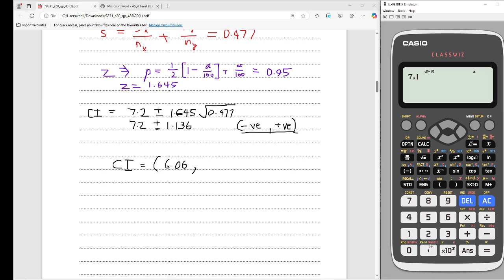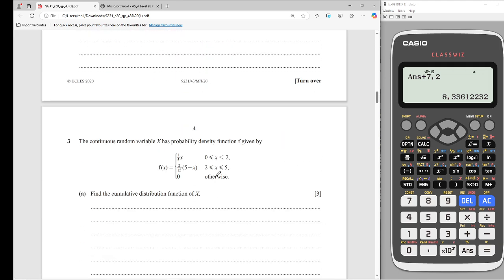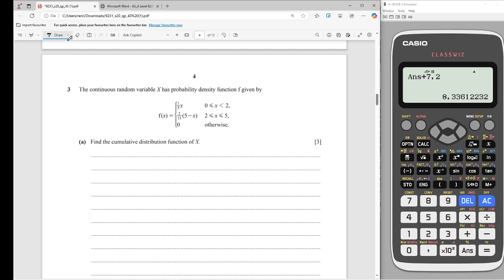And when you add it with this, you get 7.2 plus 1.136 is 8.336. So with 3 significant figures, we can put it as 8.34. And that is our confidence interval. Yes, and now we can move on to continuous random variables.